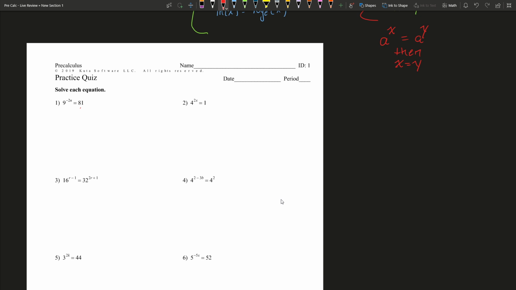You could use 3, but you have to do a little bit of extra work. So the left-hand side stays as 9 to the negative 2n. And then 81 is just 9 squared. So now that we have the same base on both sides, they cancel. So negative 2n is equal to 2. So n is equal to negative 1.